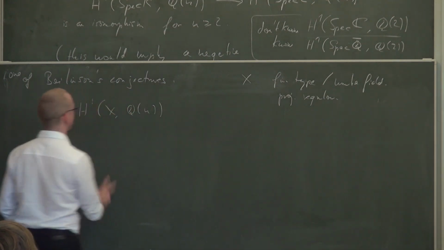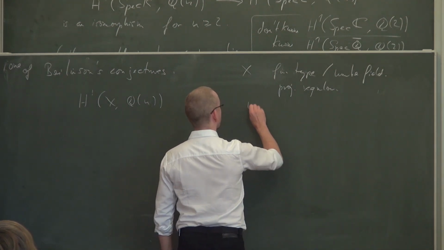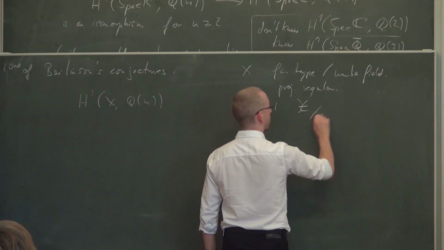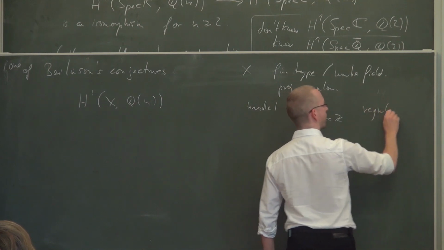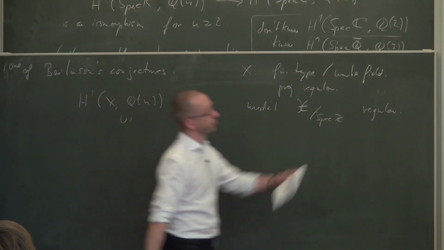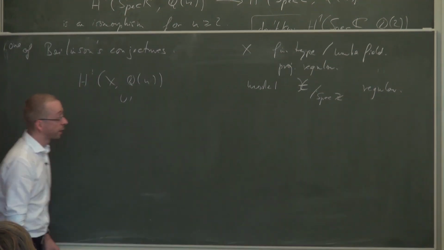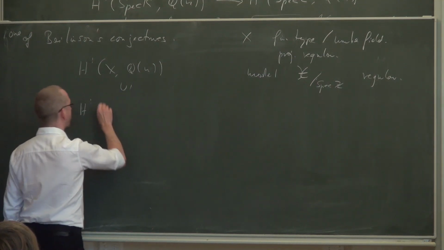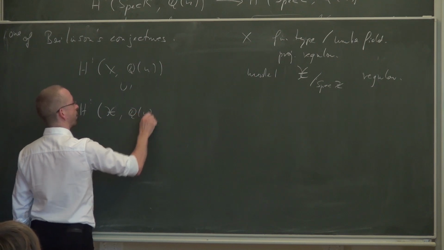And so what Beilinson considered was, well, you can look at a model X over the integers, assume that it's regular. This is very close to how you define motivic cohomology for things which are only defined over the integers and so on. So what Beilinson did is he constructed a subspace in here of things that should come from this model. Let me write it like this.